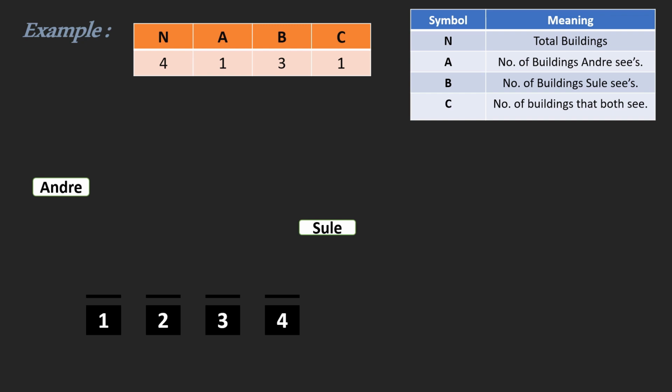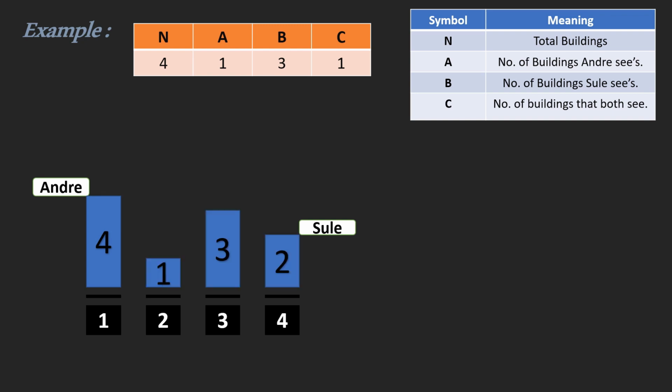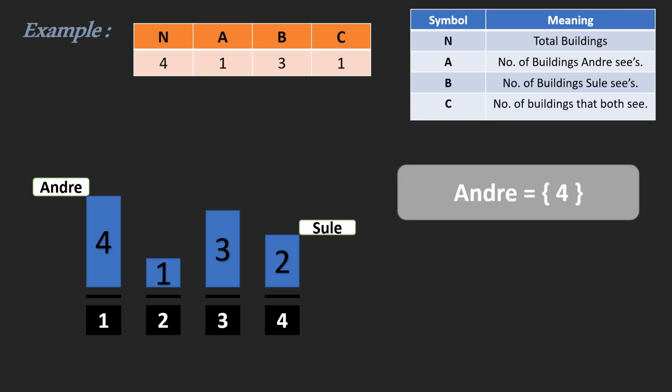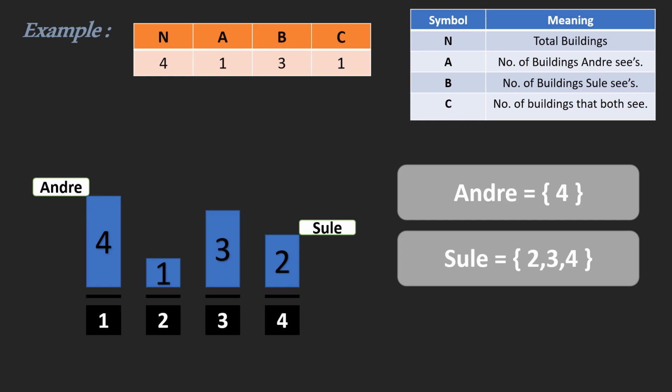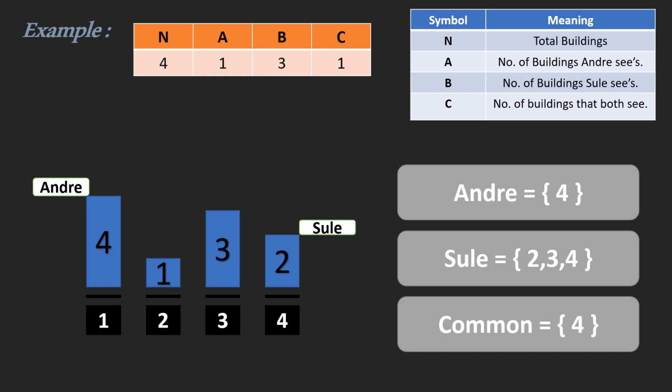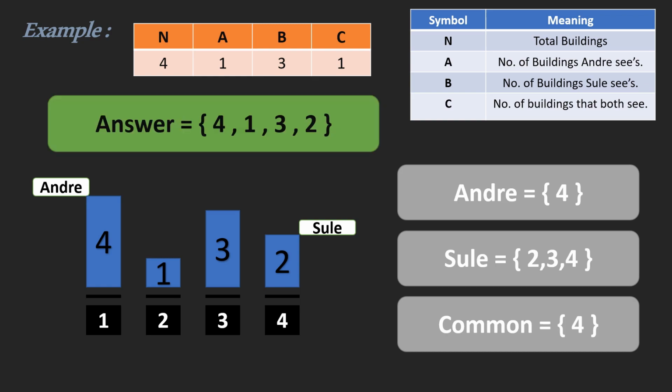Now let's place the buildings: Building 1, Building 2, Building 3 and Building 4. Andre can only see one building, that is the building with height 4. Sule can see 3 buildings that are with height 2, 3 and 4. The building with height 4 is common. This matches with the input provided. So our answer is 4, 1, 3 and 2.